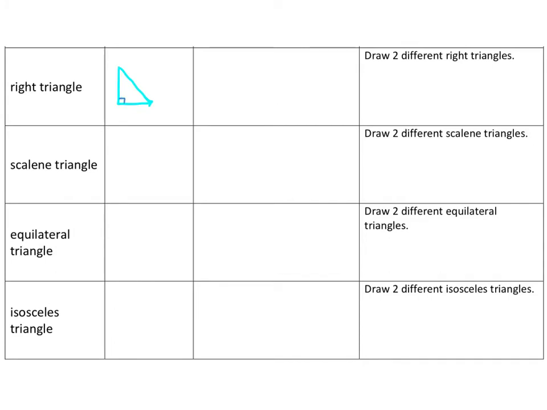So here's the right angle. That's a right triangle. They can look any way as long as they have a right angle. Okay, so they can be long and skinny or short and fat, doesn't matter, as long as they have a 90-degree angle. So a right triangle is a triangle that has one 90-degree angle. It is not possible for a triangle to have more than one right angle.